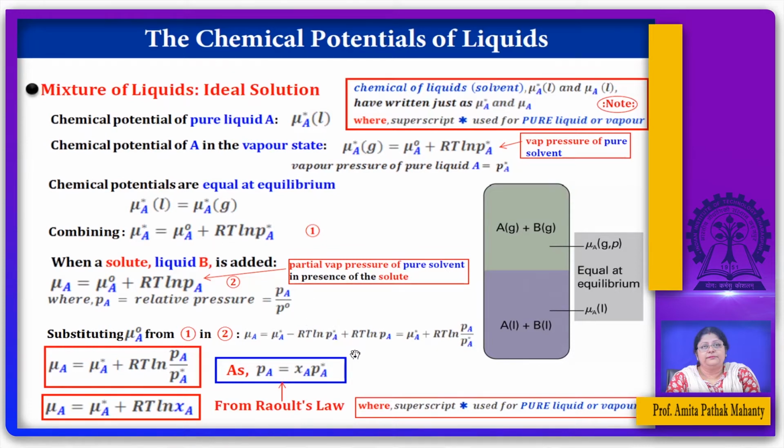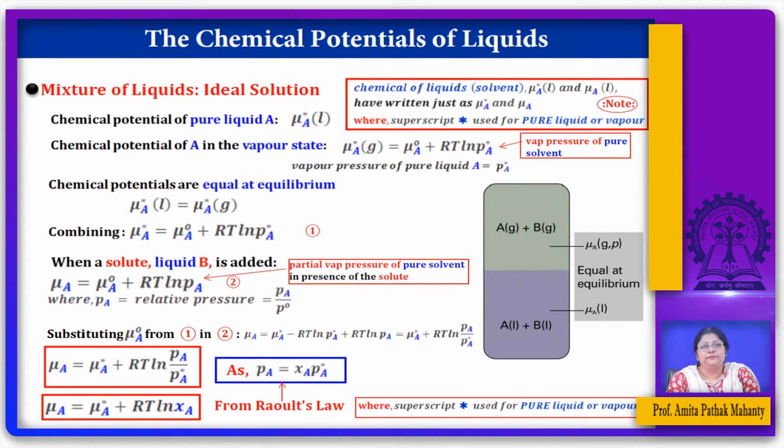And if you see what is going to happen, you can rewrite this in terms of an expression. The chemical potential of the species A is equal to the chemical potential of the species in the pure state plus RT ln PA by PA star. This is the partial vapor pressure of the solvent when the solute is added, and this is the vapor pressure when only the liquid was there. Okay.